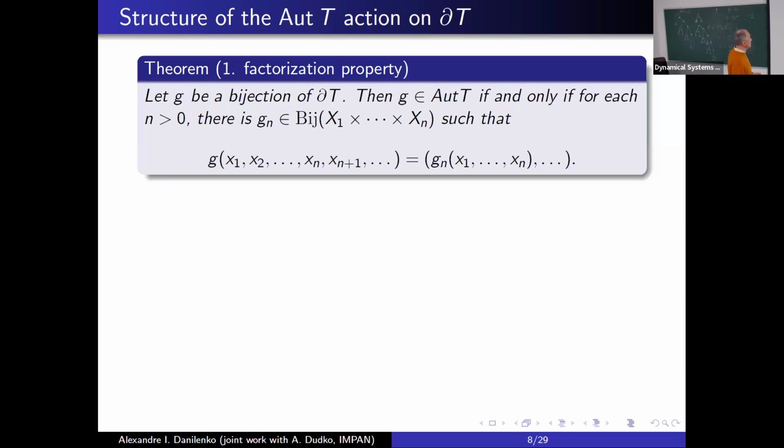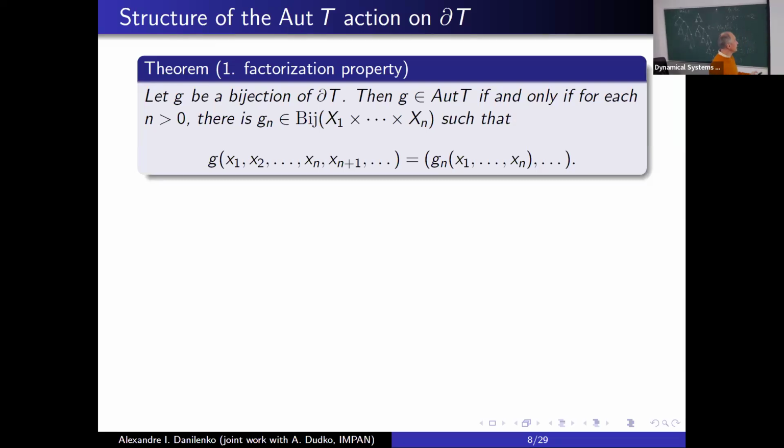So a compact group acts on a compact space, everything totally disconnected. If g is a bijection on the boundary, then we can specify which bijections belong to the group of automorphisms of the tree. This happens if and only if g has a special triangular structure. We can project g to the first coordinate, to the first two coordinates, to the first three coordinates. For every n, we can project to the first n coordinates.